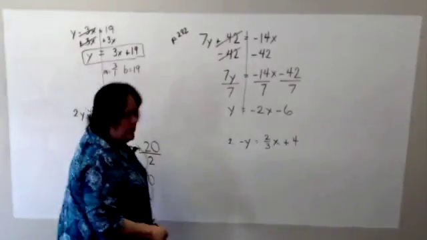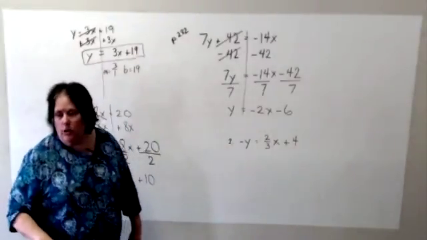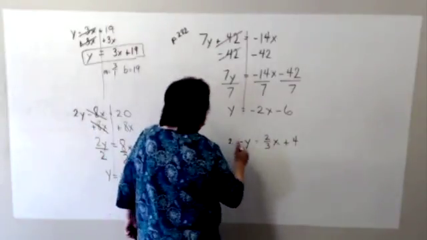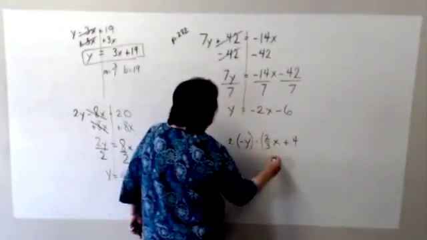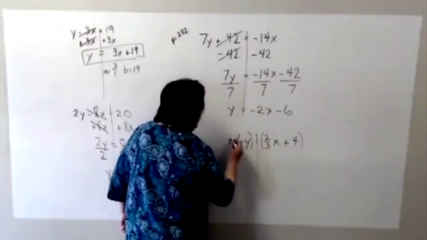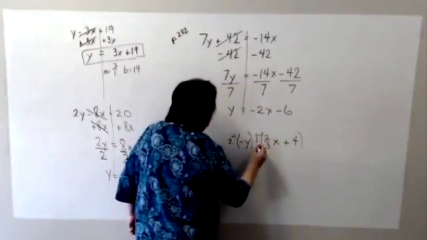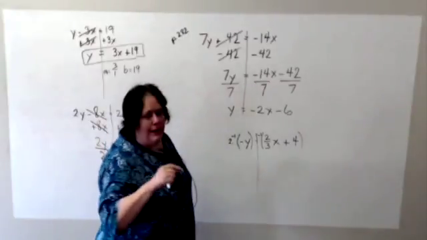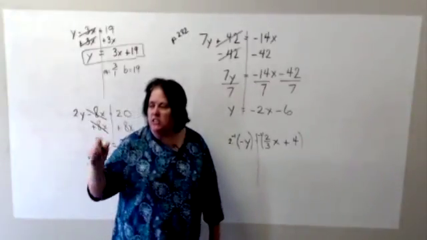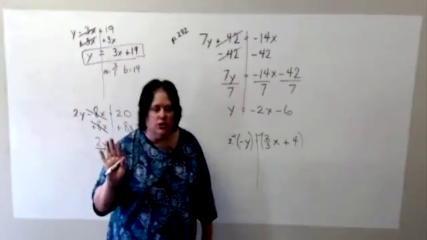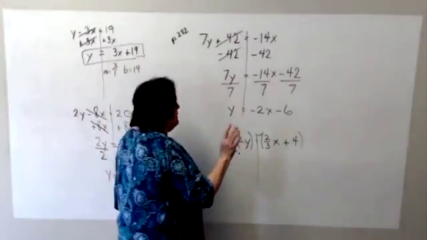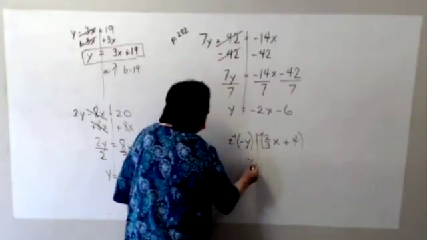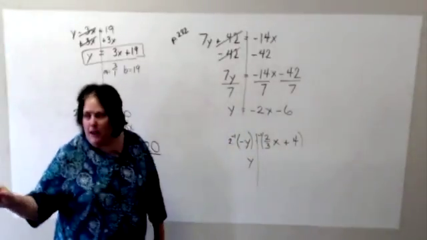Because this has a negative sign, we have to multiply both sides by -1. Multiplying by -1 changes the sign of everything. That's the shortcut. Because 1 times y is y and negative times negative is positive. That's what I needed, a positive y.